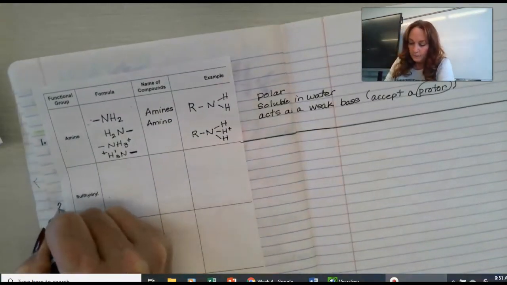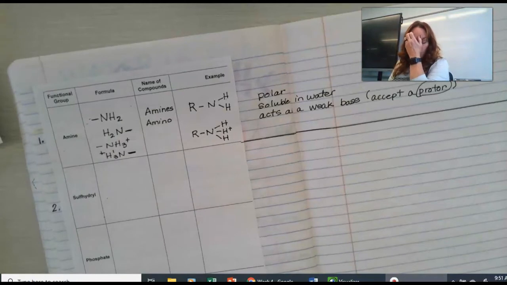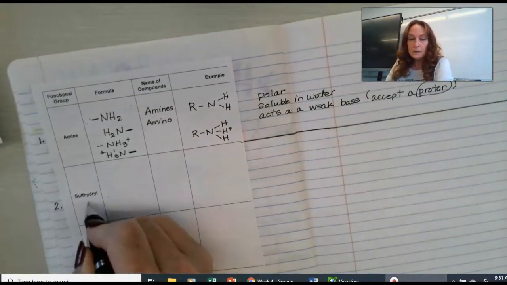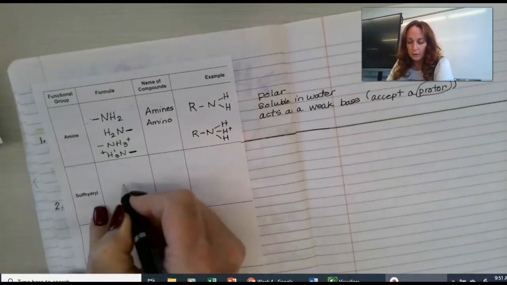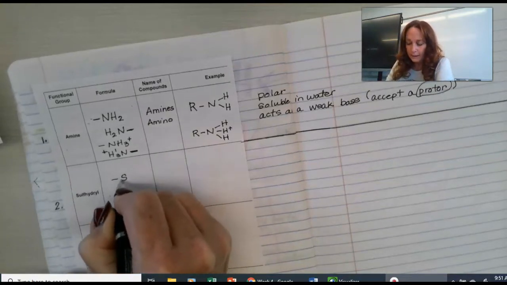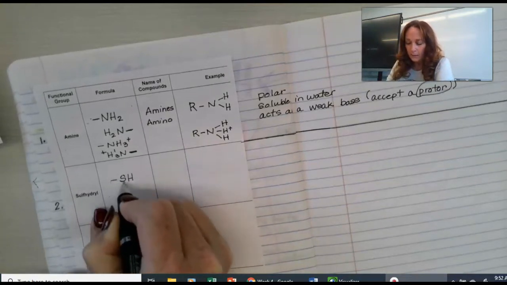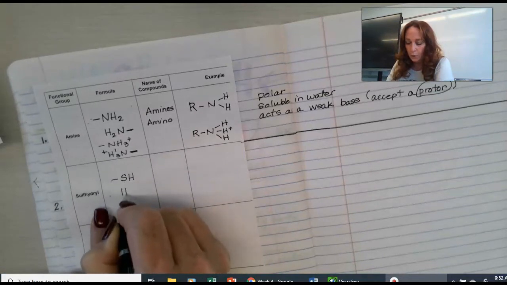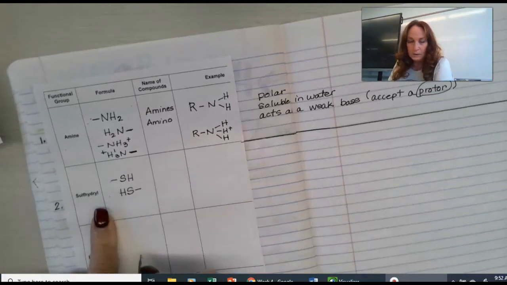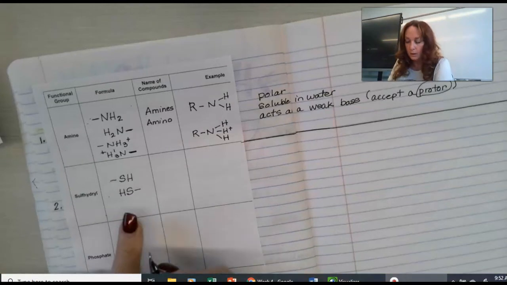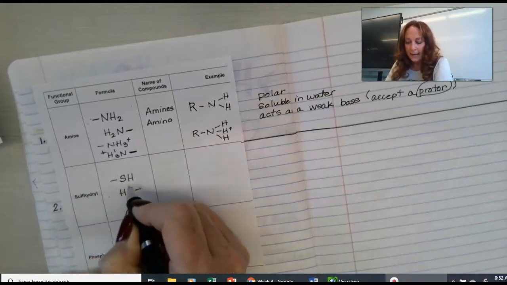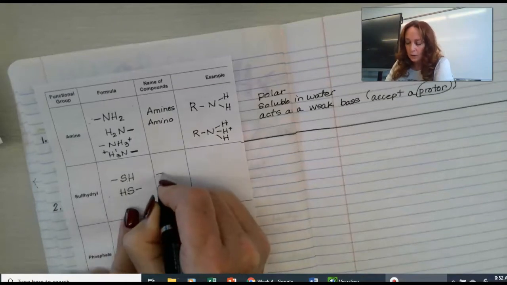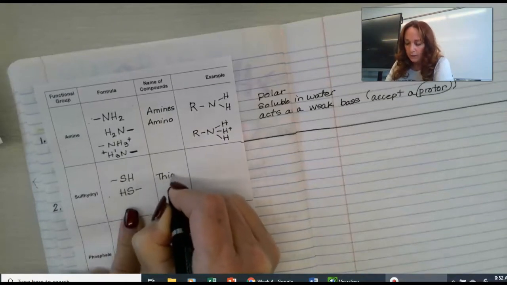Second group, I told you, most fun thing we've ever done. Sulfhydryl. It's a sulfur and a hydrogen, so it's going to look like this, the covalent bond with the sulfur, or it could be written backwards, depending on what side of the molecule it's on. Any molecule that has this SH, you could call a thiol.